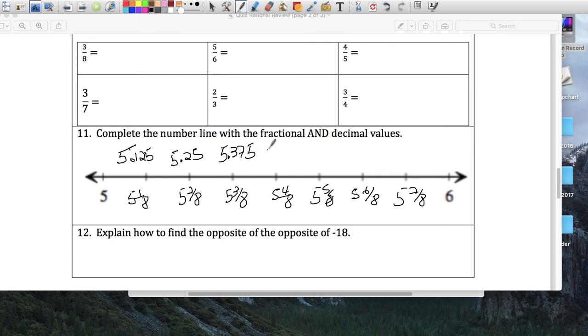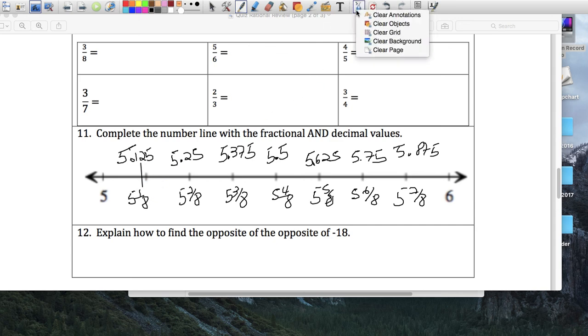This one's easy. 5 and 4/8, 5 1/2, is 5.5. 5 and 5/8 is going to be 5.625. This one's going to be 5.75 because 6/8 is the same thing as 3/4. And 7/8 is going to be 5.875. Okay, so there are your fractional and decimal values.